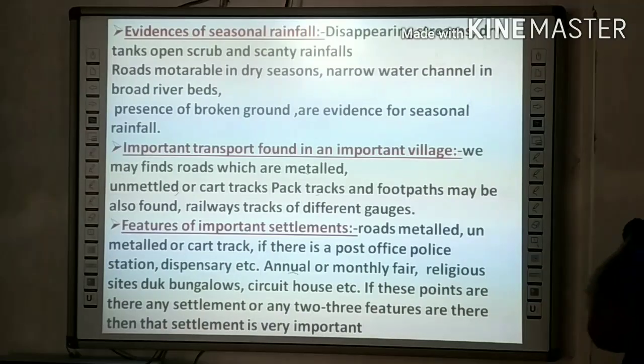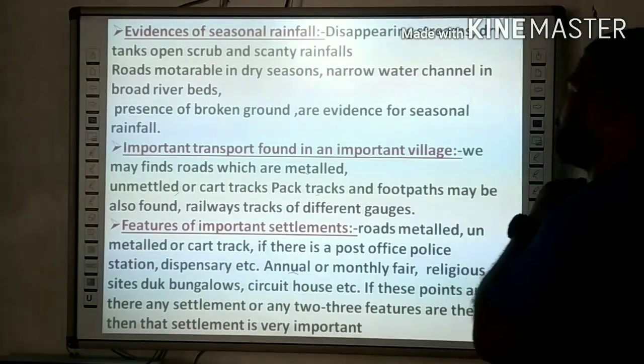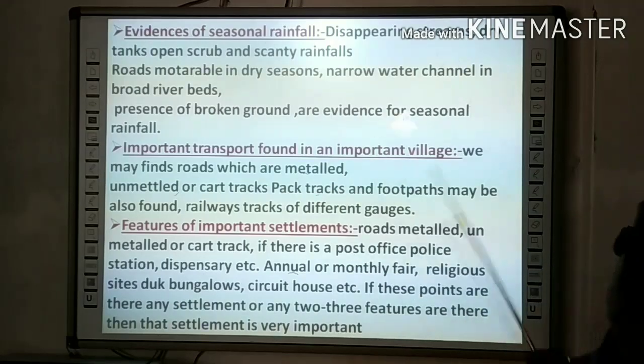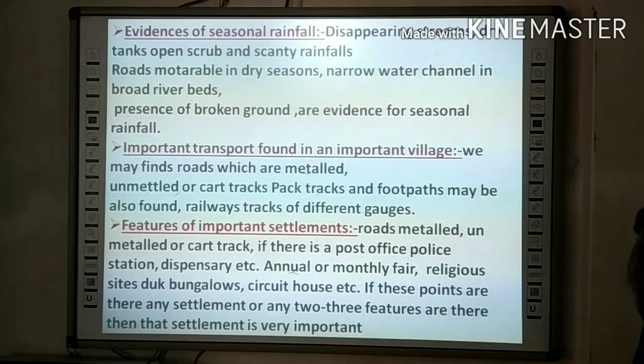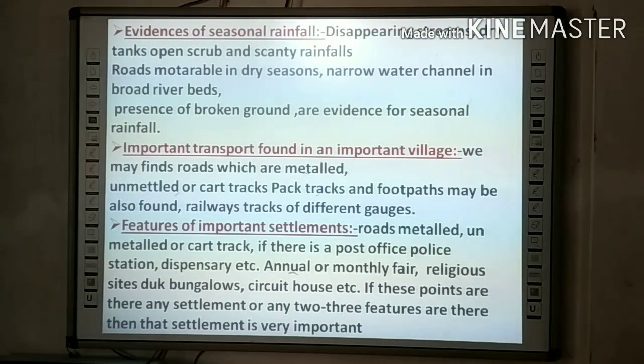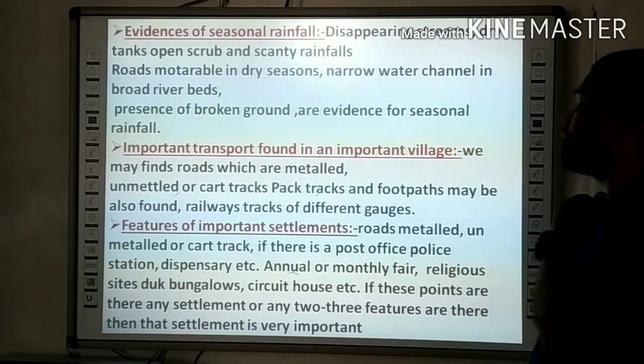When you find an important settlement, if you get any two or three features out of this, then that settlement will be an important settlement for that area. Now try to remember these points. These are very important, as these are very common questions.